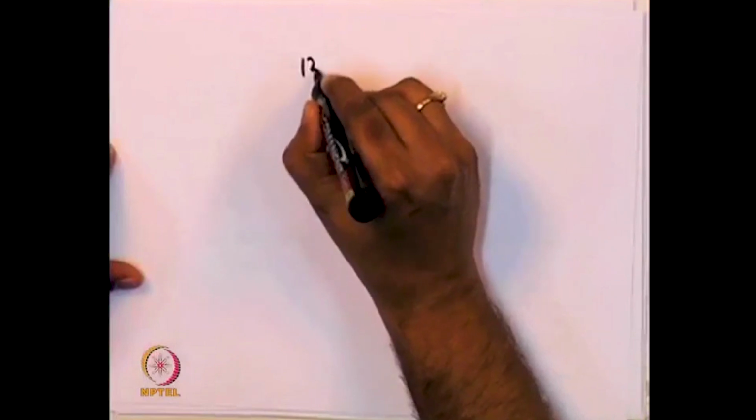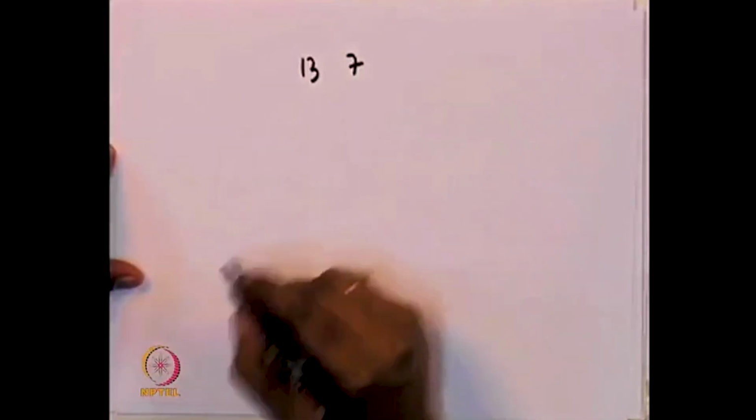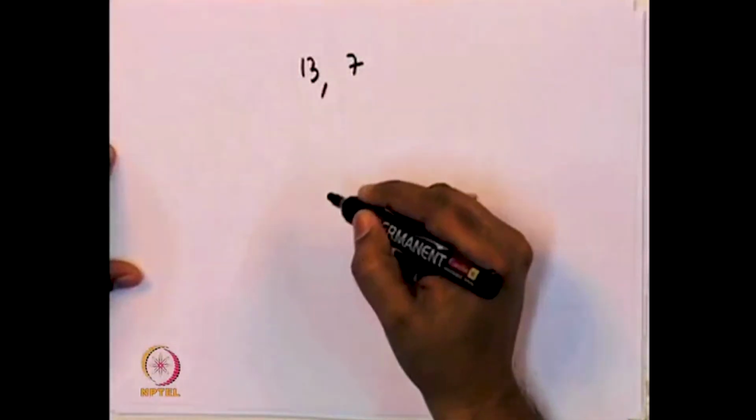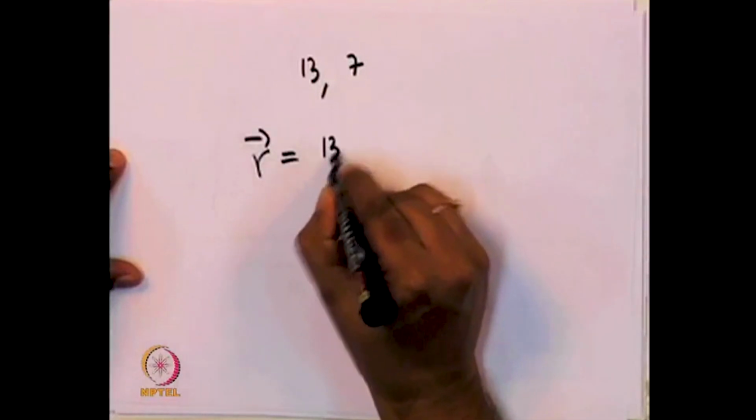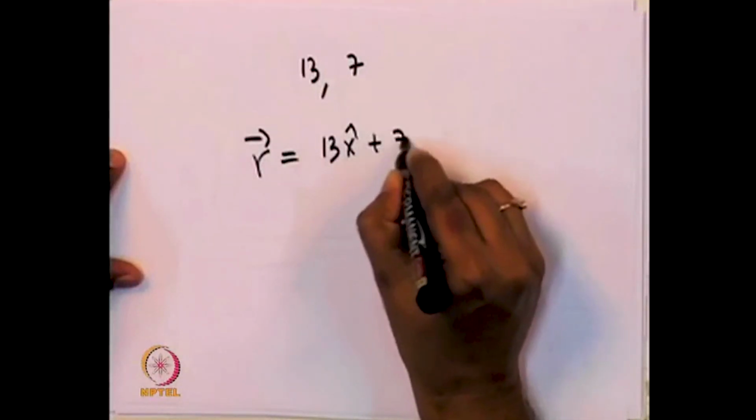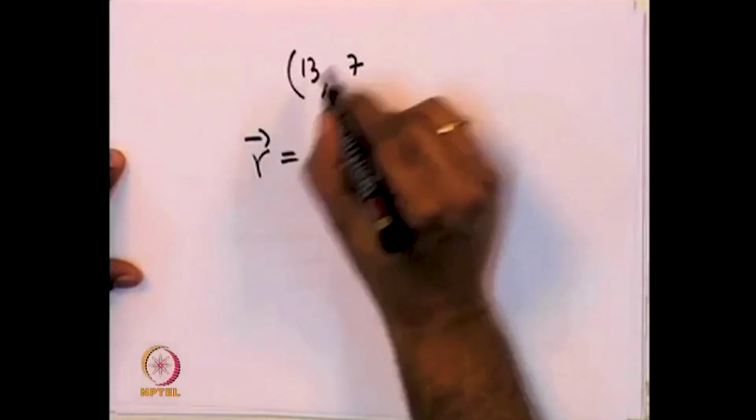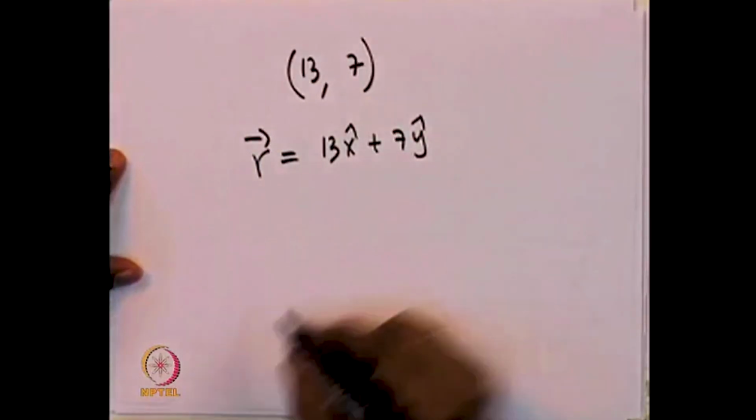Similarly, if I tell you that you have a vector 13, 7, two numbers, this immediately means that the vector r is 13 x plus 7 y.